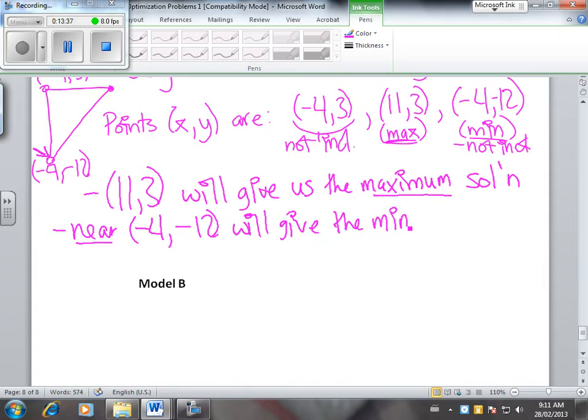So the minimum solution in this case is not -4, -12, it's somewhere nearby. Okay, and because this is all real numbers, it could be a fraction or a decimal, because it could be anywhere in that feasible region. So our maximum solution is at 11, 3. Our minimum solution is somewhere near the point -4, -12.